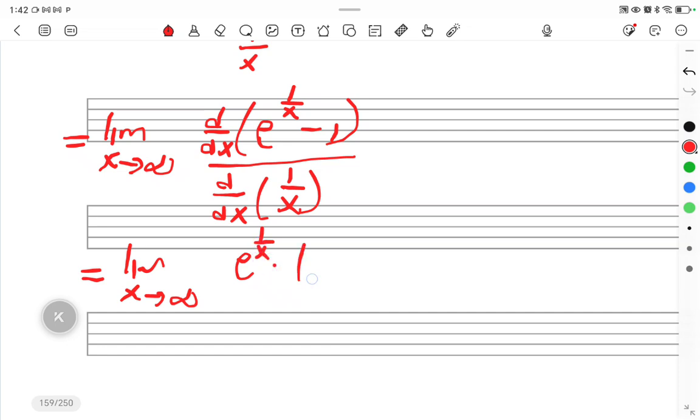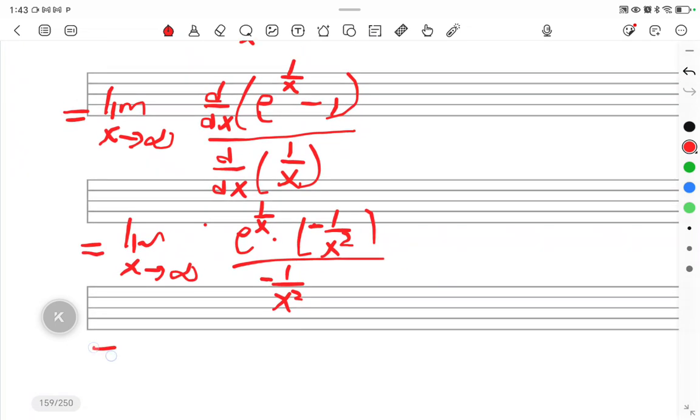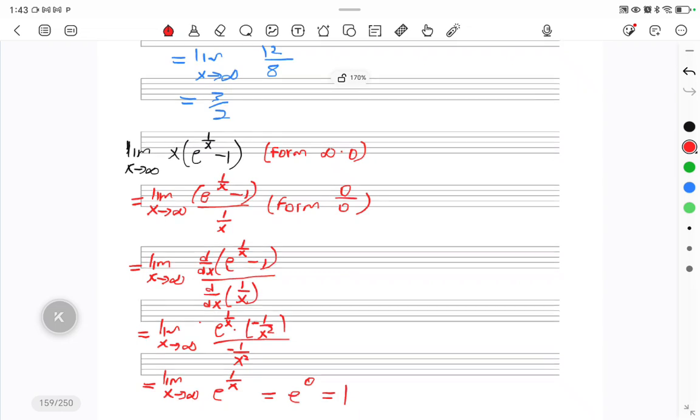This will be minus 1 over x squared all over, if I derive the denominator, I'll get minus 1 over x squared. And that x squared will cancel out. I'll have the limit as x approaches infinity of e to the 1 over x. And this will be e to the 0, which is equal to 1. Then the solution to that problem will be 1.